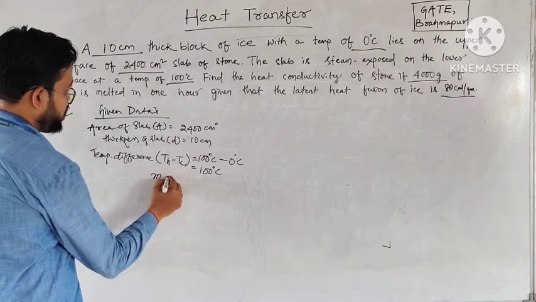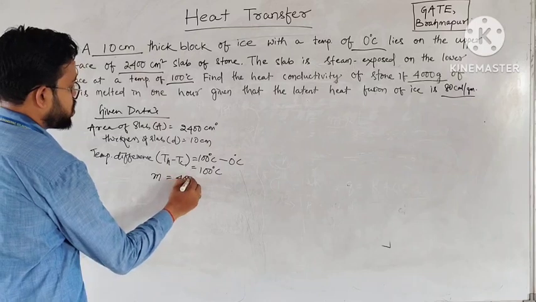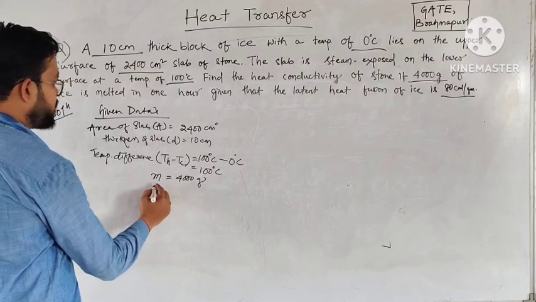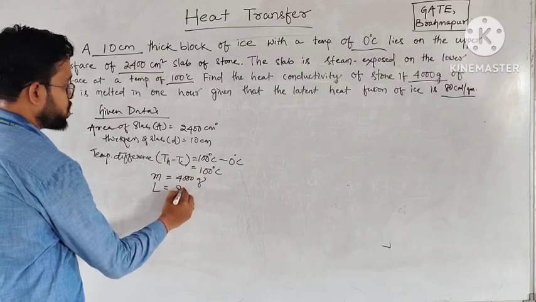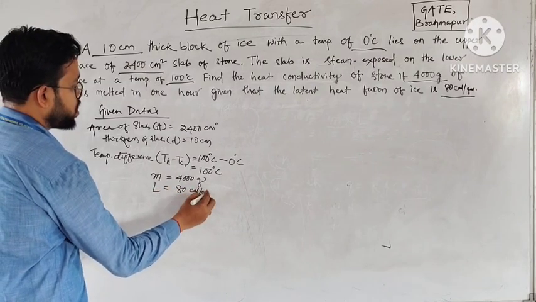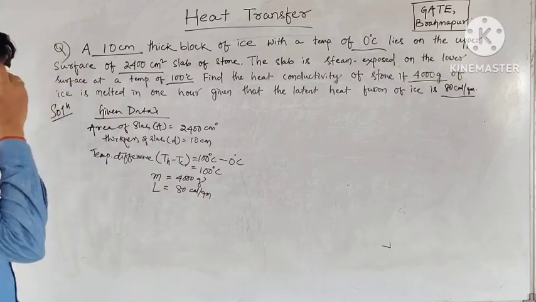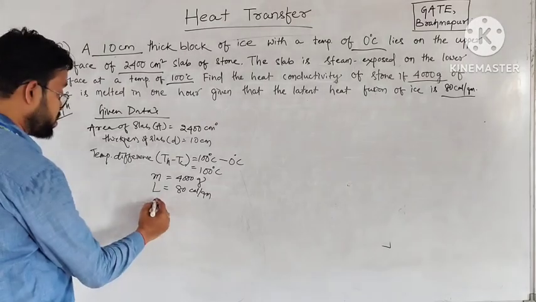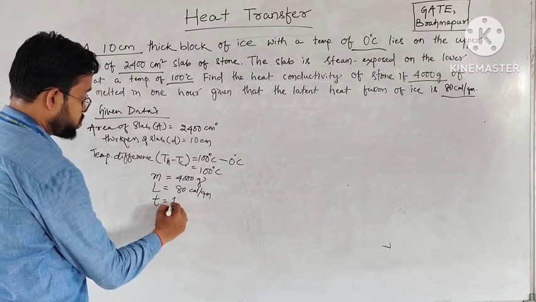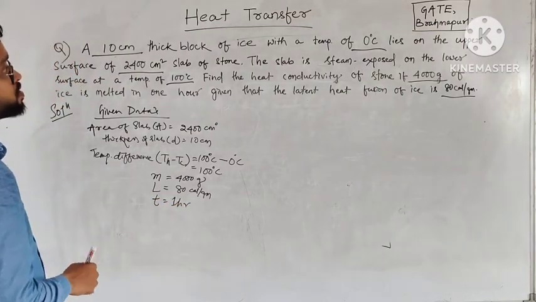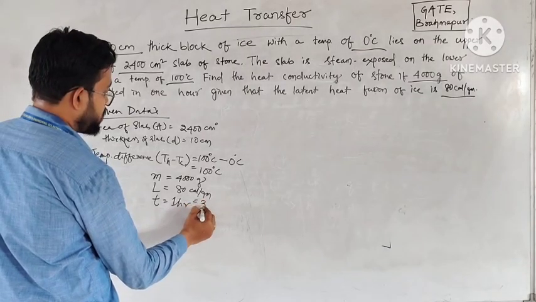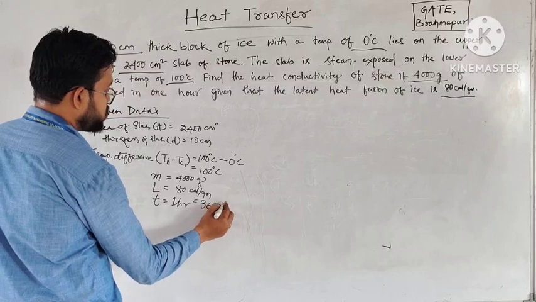Mass is 4000 grams. Latent heat is 80 calorie per gram. Another required time period is 1 hour. In 1 hour we have to convert into seconds.